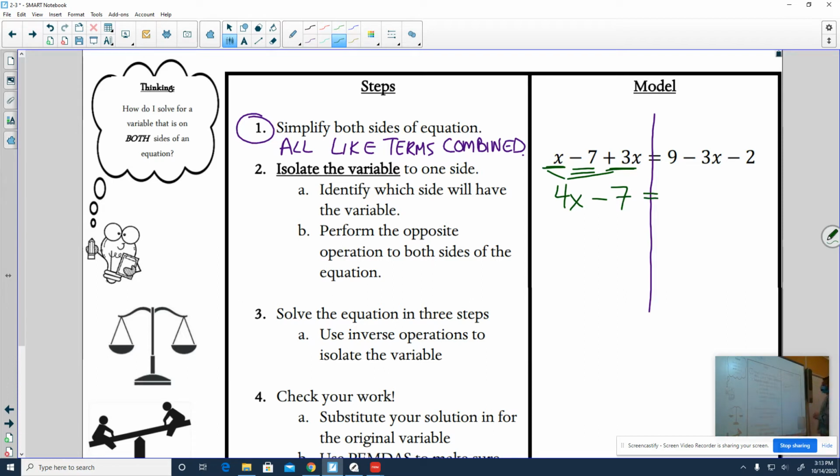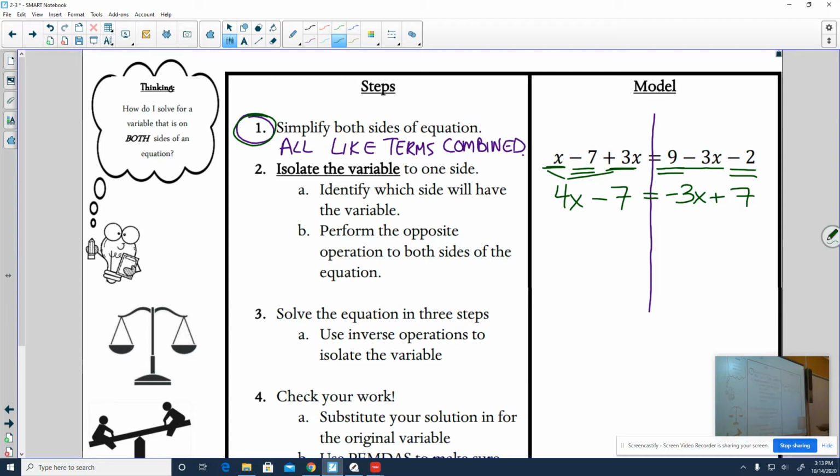On the right side, I've got a minus in front of this 3x. There are no other variable terms, so I'm going to bring down a negative 3x. I have two constant terms, a positive 9 and a negative 2. They're going to combine to a positive 7. That is always going to be step 1. Simplify both sides of the equation. We are now in simplest form.